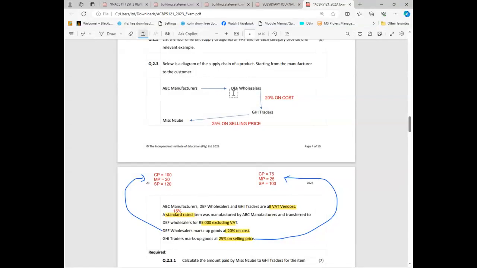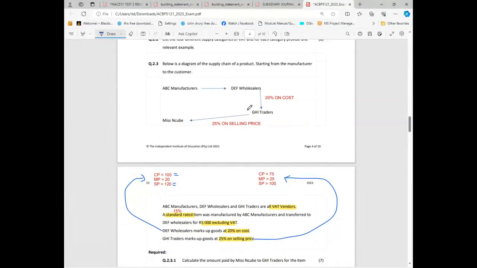We want to know the price which DEF charged GHI, so that we can know how much we are going to charge Ms. Nube. So we must start here, use 20% on cost, and add the markup before we can come here.